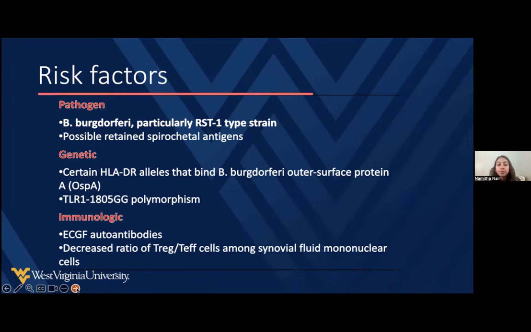So these are just a few risk factors. Now, it's very difficult for you to know any of this without doing appropriate testing. So really just remember that if a patient has completed one oral and one IV course and they're still having persistent inflammation, we're in the post-antibiotic Lyme's arthritis phase.